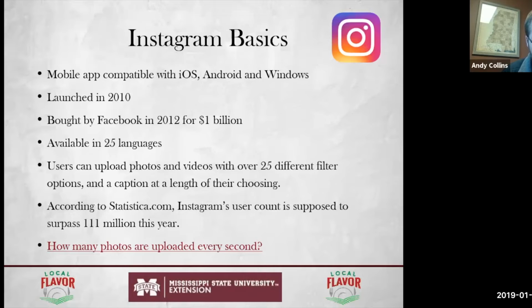It's available in 25 languages. It has to use photo or video, and you can use different filter options and captions for those. Instagram's user count should surpass about 111 million this year. Nowhere near what Facebook has right now, but growing at a much faster rate.